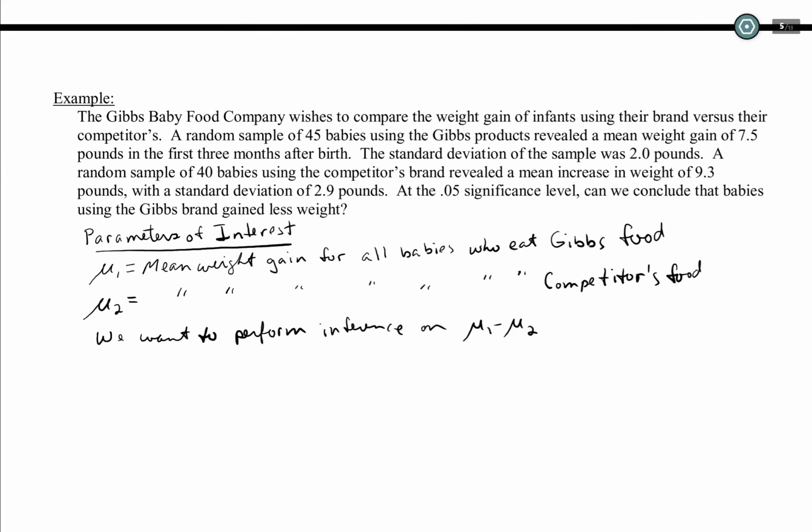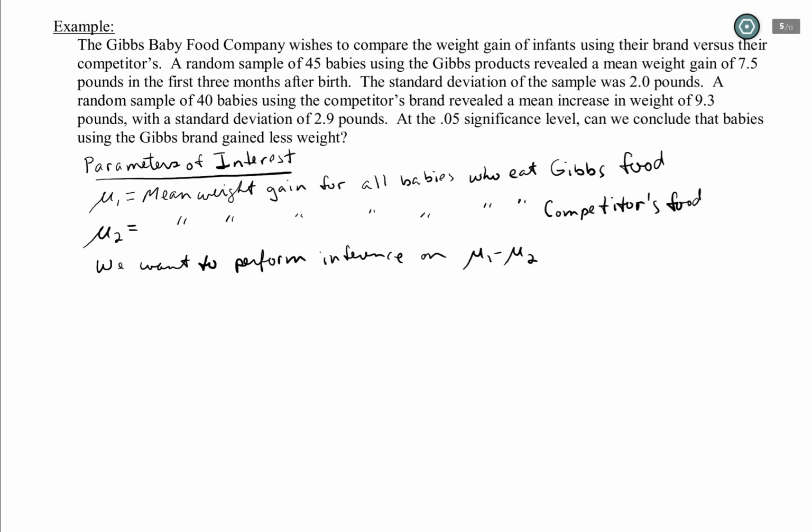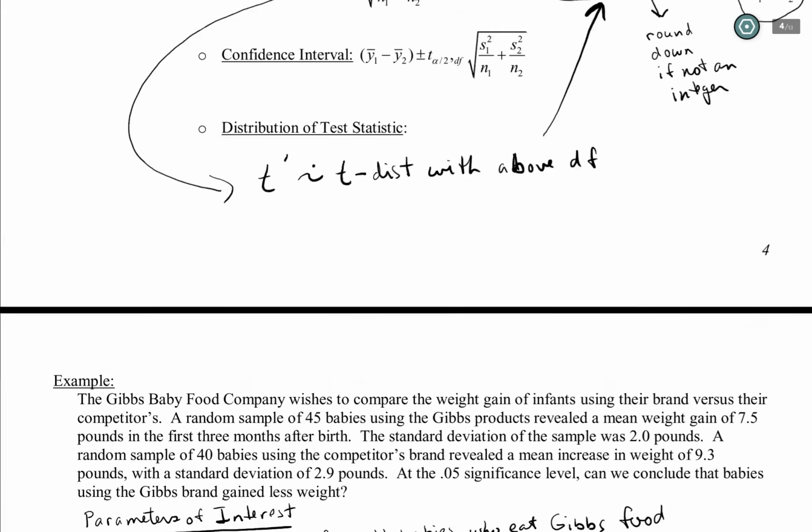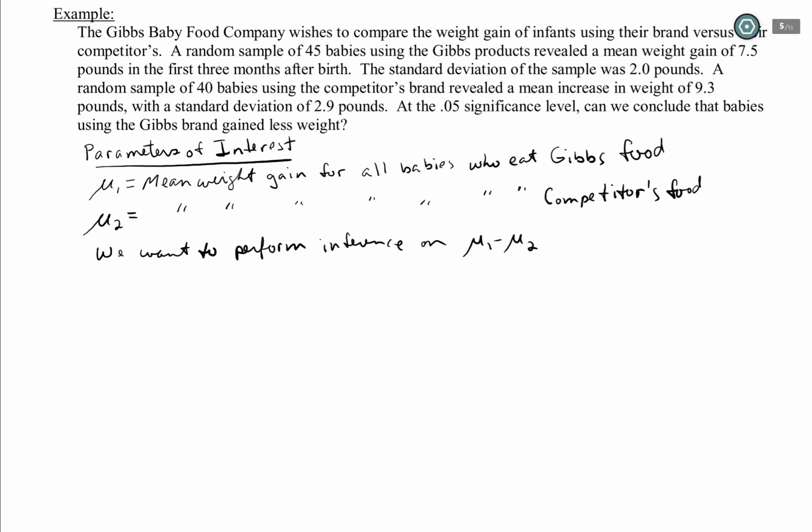All right, so let's come back to this example. Now, after you've read through this, think about which of the procedures we would use. Okay, we're not going to use the very first procedure. We already talked about it being impractical because it requires knowledge of the two population standard deviations.